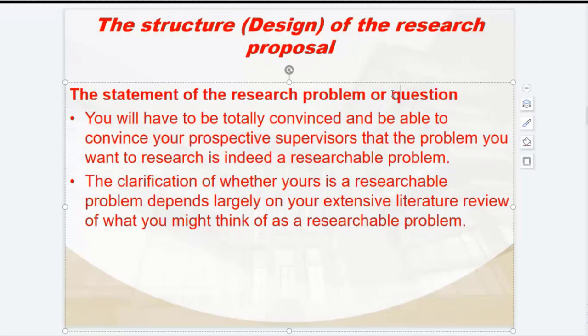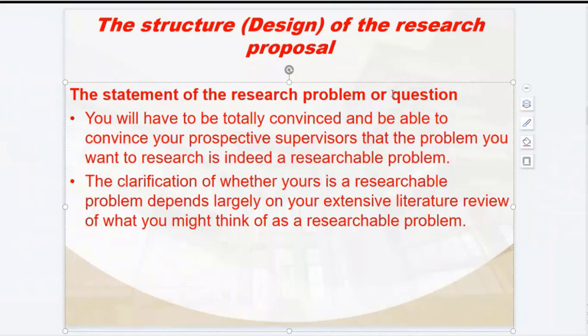The second, the clarification of whether the topic is a researchable problem depends largely on the extensive literature review of what the researcher might think of as a researchable problem. And this is where I emphasized earlier on that a lot of things that we do when we prepare a proposal is supported by literature review.